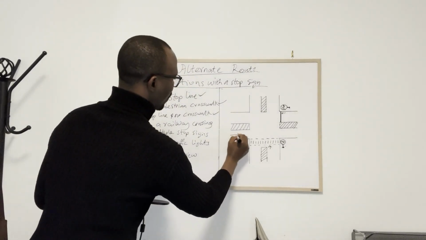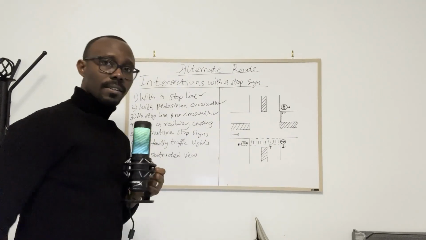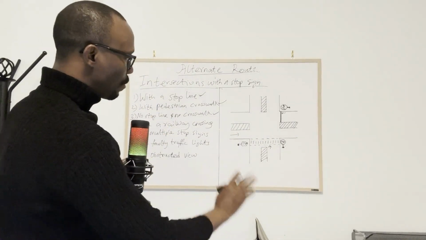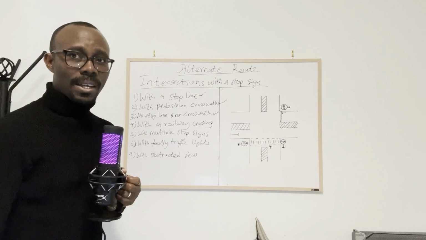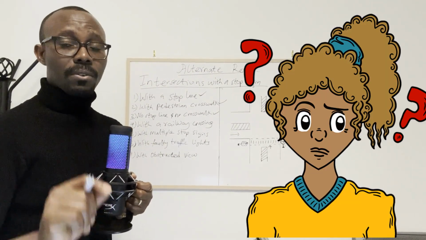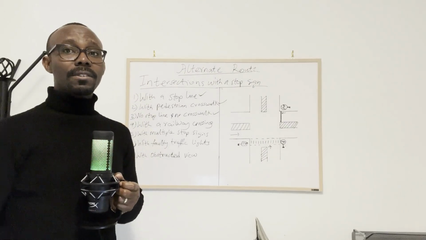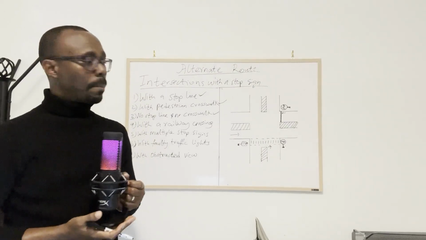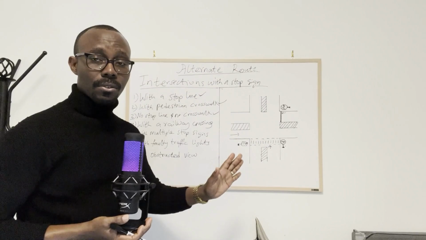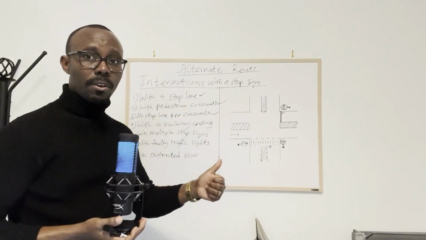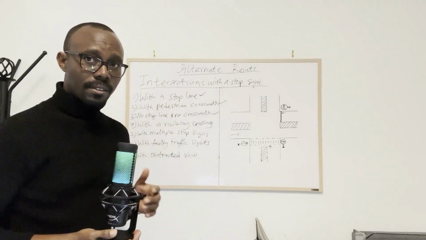And you are coming this way. You get here, there is no stop line, there is no crosswalk. Where do you stop? Now, this is the most challenging for many new drivers. Even some experienced drivers struggle with this one because there's no stop line and there's no crosswalk. So where do you stop at an intersection like this?